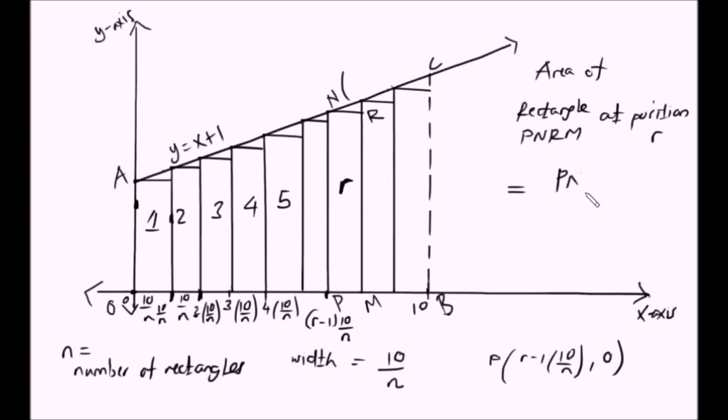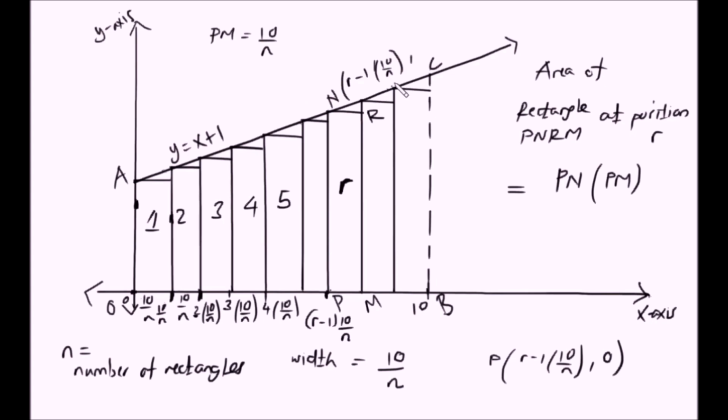Kwa hiyo PN hii ni length, PN times width, ambayo itakuwa nini? PM. So width haina shida. We all know width ni ngapi? Ni 10 over n. Sasa I want to find PN. So ili find PN, I need the coordinate of N. So N na P zote zipo at the same x coordinate, R minus 1 times 10 over n.